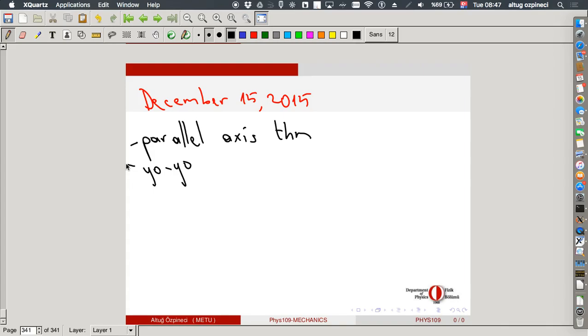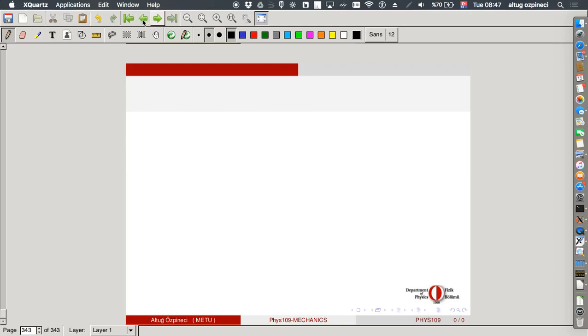Now, one way to do this is if, for example, let's imagine we have this object. Okay, we have, let's say, such an object that is rolling.